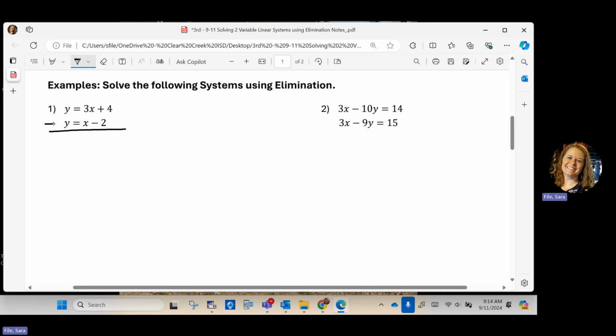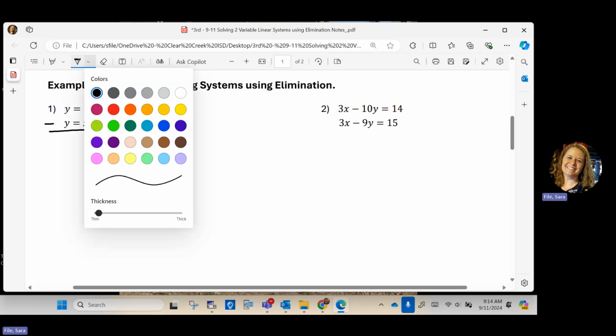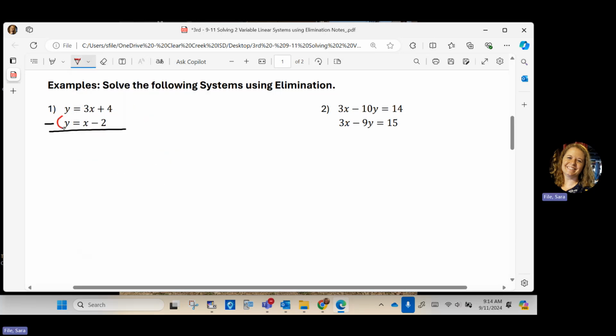Now, what gets tricky is it's the entire equation that is getting subtracted, not just the y. So everything, the y, the x, the constant, that negative has to go to all of those. For some people, they can visualize it right here and do the math.